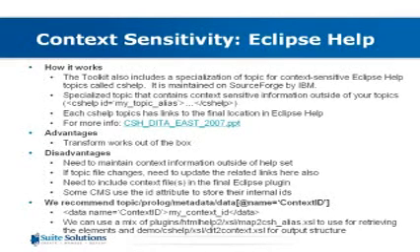They have a special topic type that defines your context sensitivity. It's basically mimicking the structure of that context file. It has a topic for each ID, provides your description, and then has links to each topic you want to go to, where the actual information is located. Okay, it's going to go to the final location in your Eclipse help.